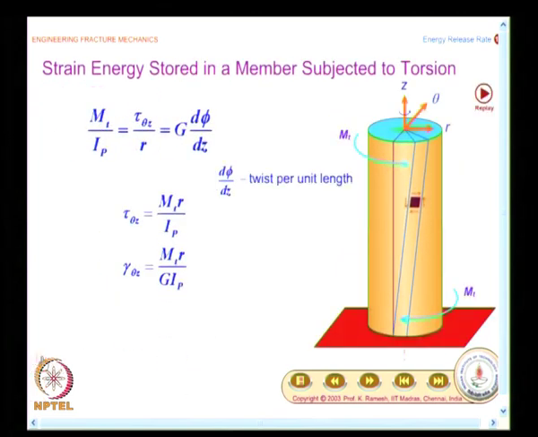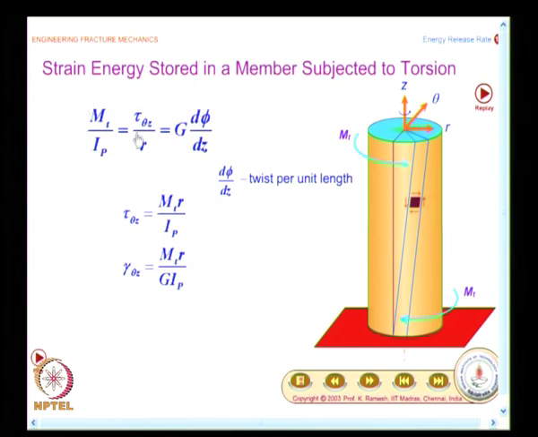Now, we take up what is the strain energy stored in a member subjected to torsion. We have already developed, when you have stresses and strains, simply a product, one half of that into volume gives you the strain energy stored. We will adopt the similar approach here. You have a torsion formula.